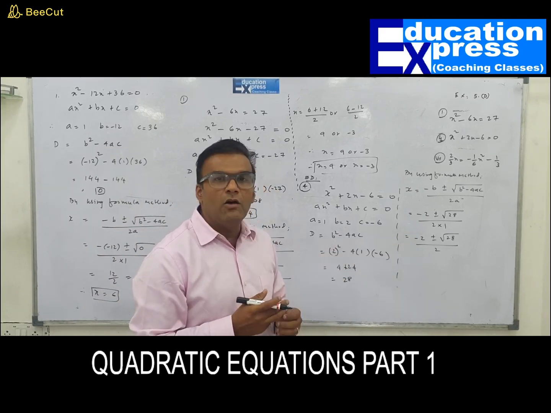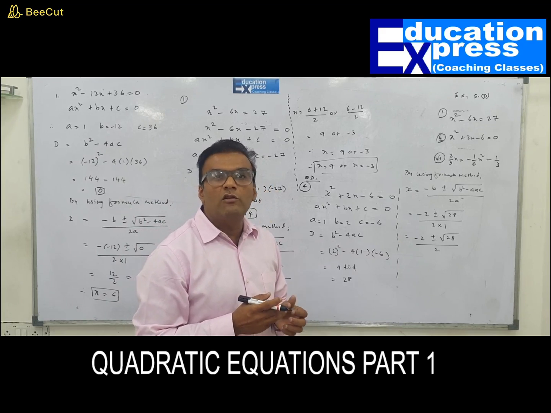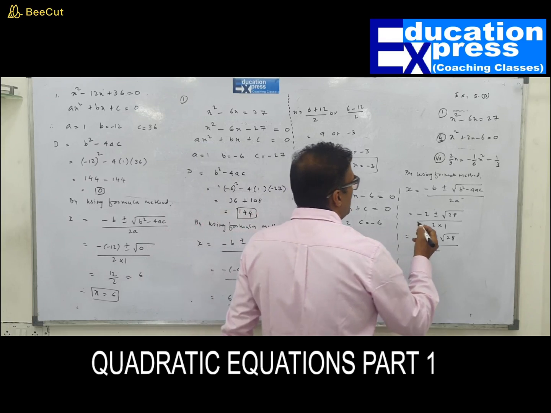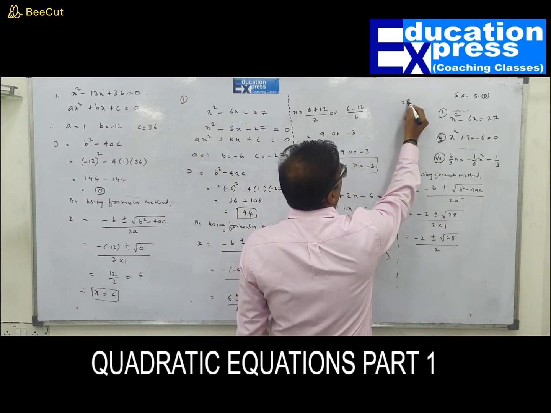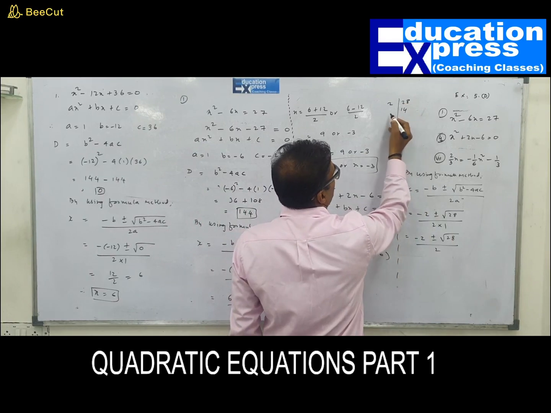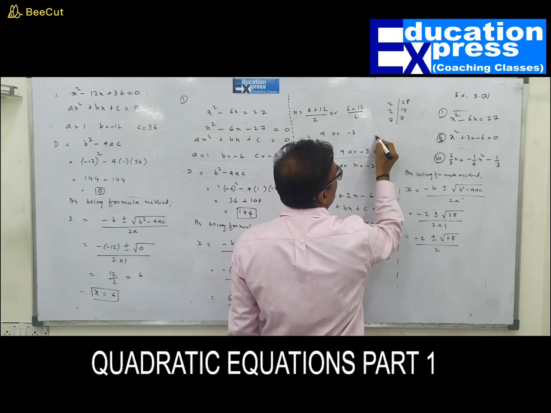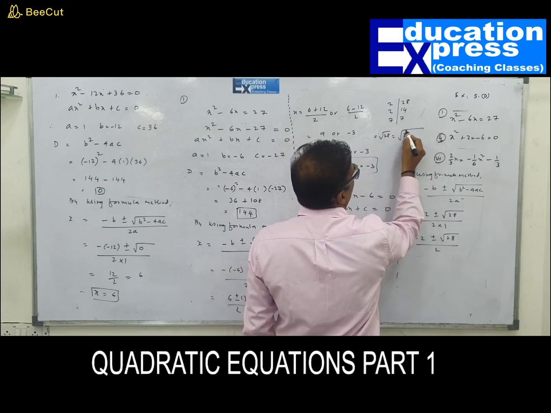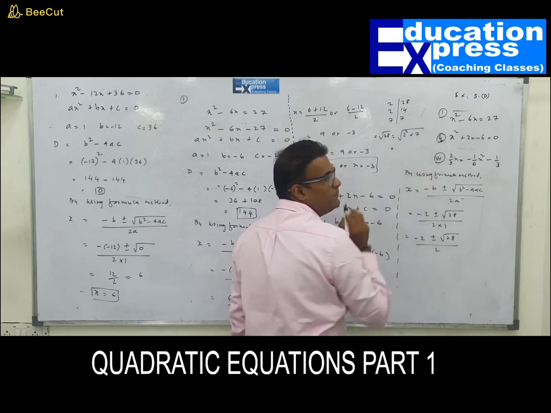You have to find out what would be the square root of 28. As simple as possible. So what do I do? This 28 can be done by prime factorization method. 14, 7, 7. That means root of 28 can be written as root of 2 square into 7.